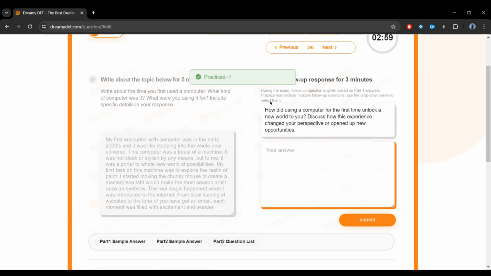Next, how did using a computer for the first time unlock a new world to you? Discuss how this experience changed your perspective or opened up new opportunities. Okay, let's begin this one. Looking back, the first computer was more than just a machine.